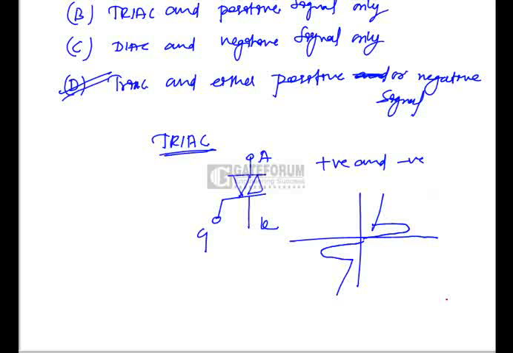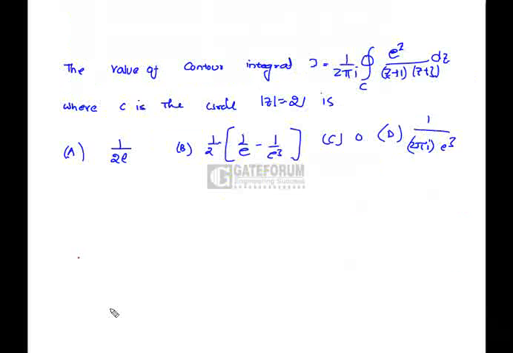Option is D. We need to find out the value of I. Here we have to integrate over the contour which is given where mod z equals 2. So within the contour given by mod z equals 2, there is only one pole, that is z plus 1. Means we need to calculate the residue at that point.